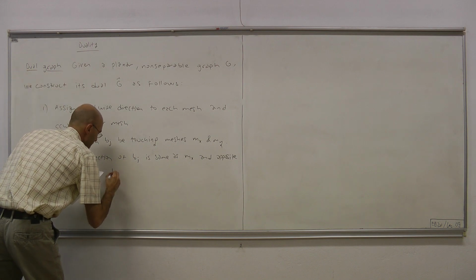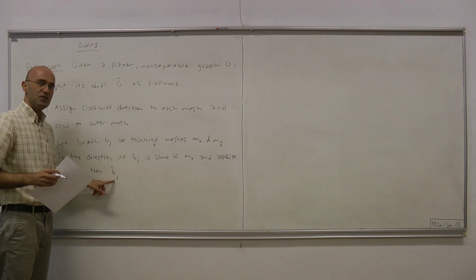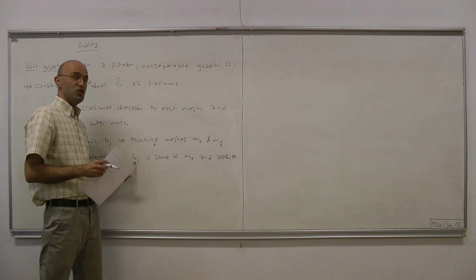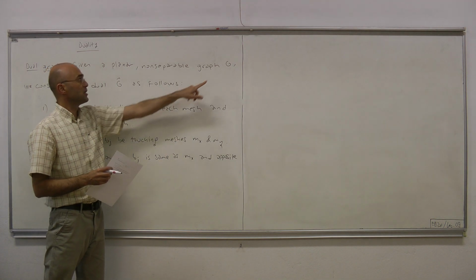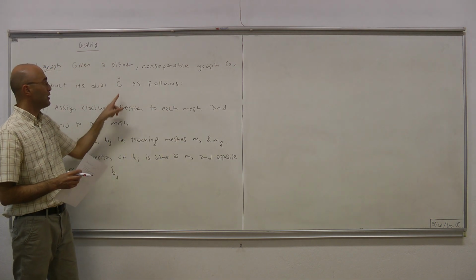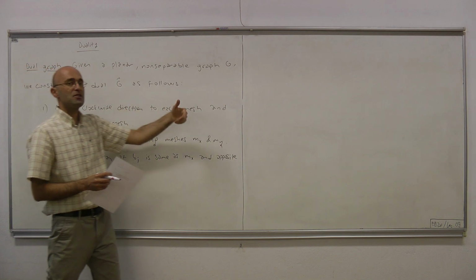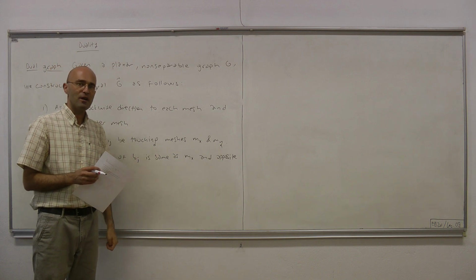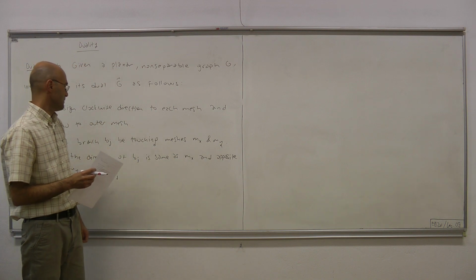then BJ hat. Now BJ hat is the dual of this branch BJ. BJ belongs to G, BJ hat belongs to G hat. If G has B many branches, G hat must also have the same number of branches.